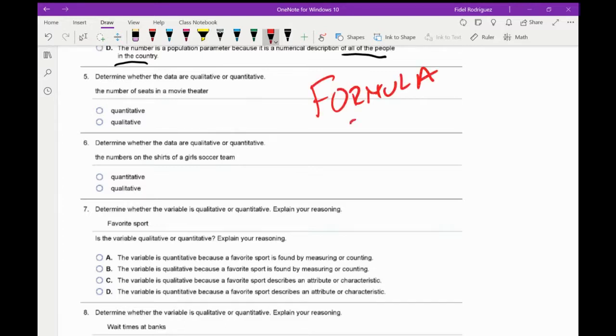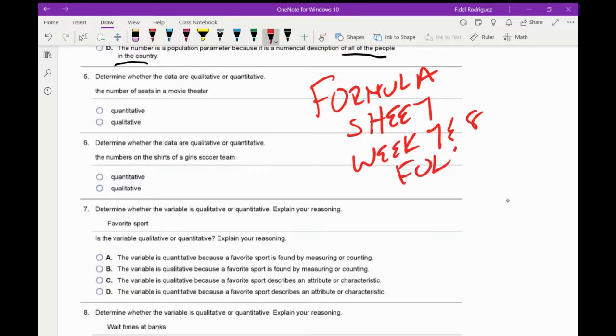Formula sheet, week 7 and 8 folder, and the last announcement.